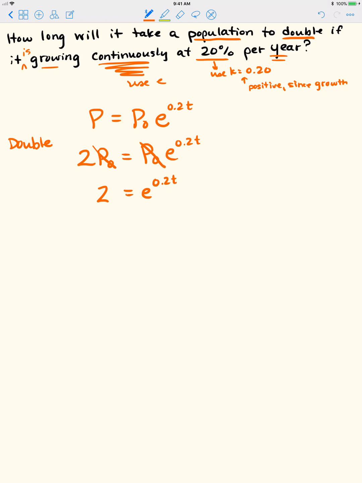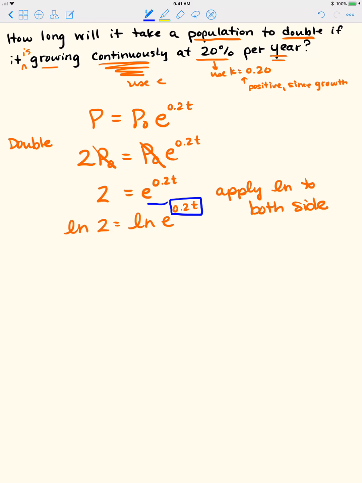So you have an equation where the variable lives in the exponent that you're trying to solve for. The base is e, so we can apply a natural log to both sides. And it would really benefit you to use natural log here so that we can cancel out and get away the e. So if I do natural log of 2, that equals natural log of e to the 0.2t. Again, pulling from our logarithm properties, we can bring that 0.2t down.